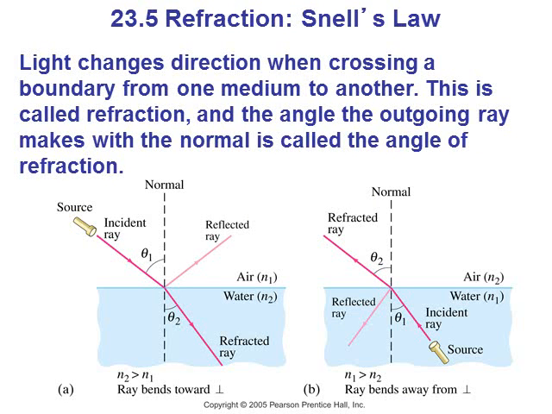All right, so there is a law that dictates this. It is called Snell's law. It's actually on the next slide, but that's okay, we'll go over it. It says that light changes direction when crossing a boundary from one medium to another, and the angle the outgoing ray makes with the normal is called the angle of refraction, right?